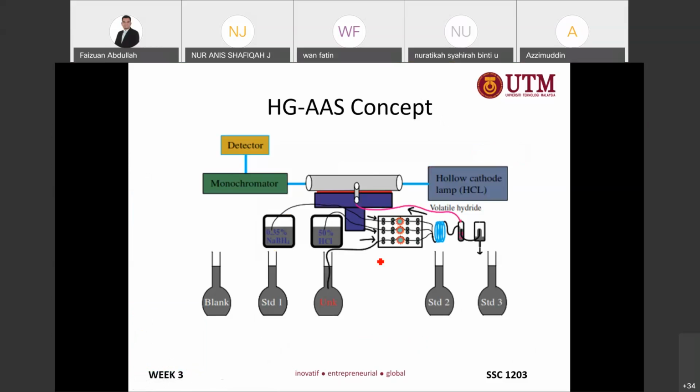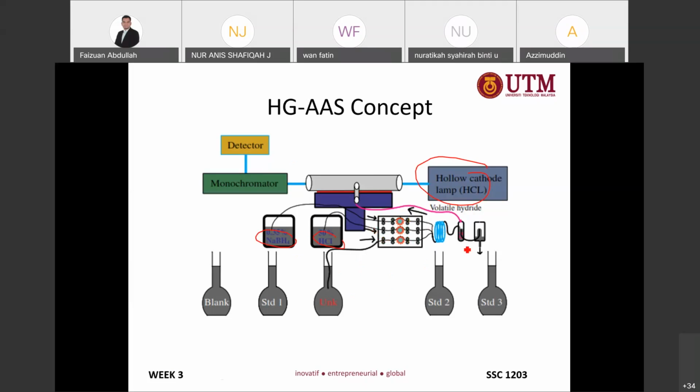All right. So it's similar. We have a detector and we have a hollow cathode lamp. The concept is the reaction between borohydride and hydrochloric acid will produce a gaseous form of sample at low temperature.